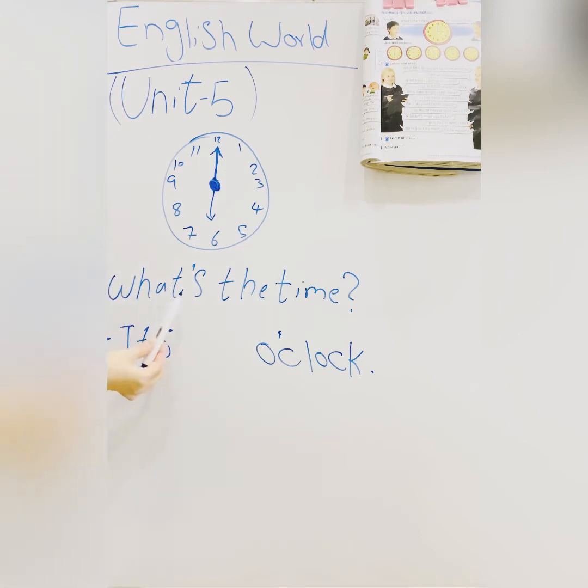We say, "What's the time?" Depending on this picture, we can see it is 6 o'clock. Why? Because the short line is on the 6 and the tall line is on 12. So we will write, "It's 6 o'clock."